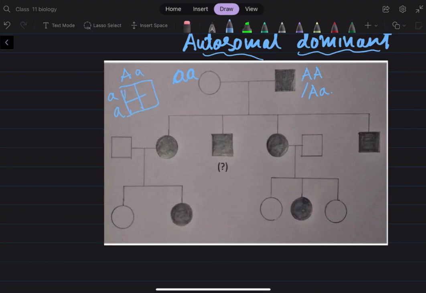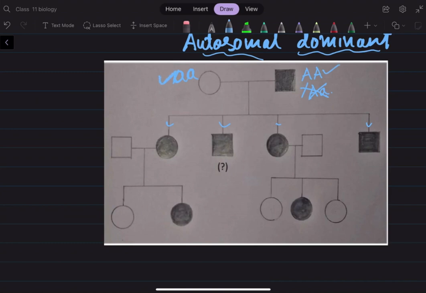you can see that 50% of the offspring would have been normal and the other 50% would have been affected. But in this case you see 100% of the progeny is affected. So that means we can cancel this out and say that it was homozygous dominant and this was homozygous recessive.